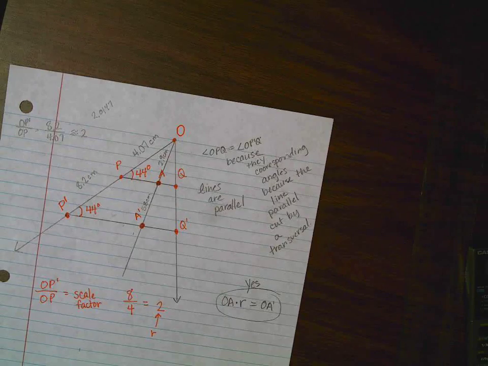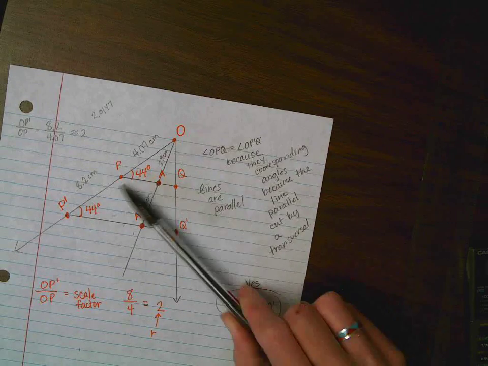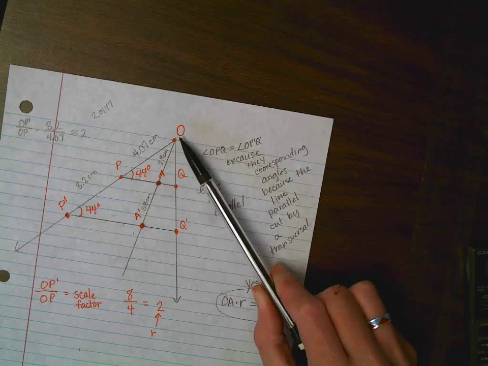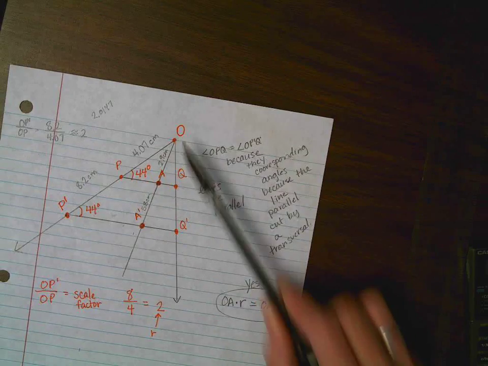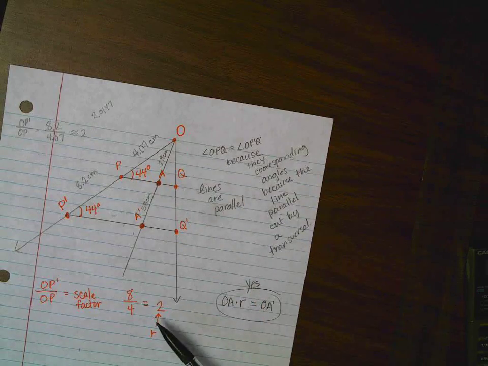All right. So what we need to know is what the fundamental theorem of similarity is. Okay? And the theorem says, given a dilation with a center O, okay, and a scale factor. Our scale factor happened to be 2, okay.